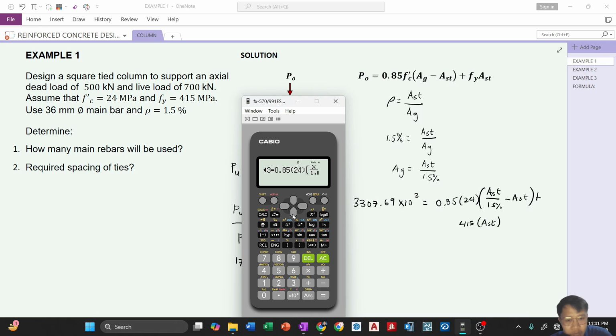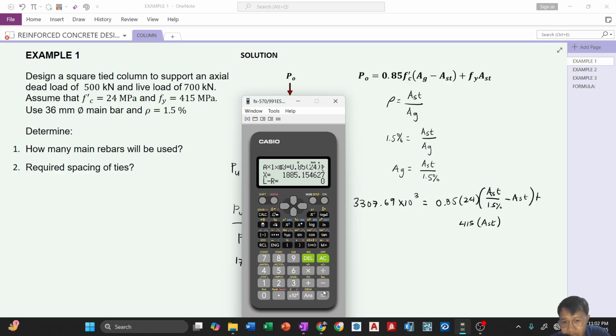Divide this by 1.5%. Okay, and then minus unknown plus 415 times unknown x. Then we solve for the value of x.